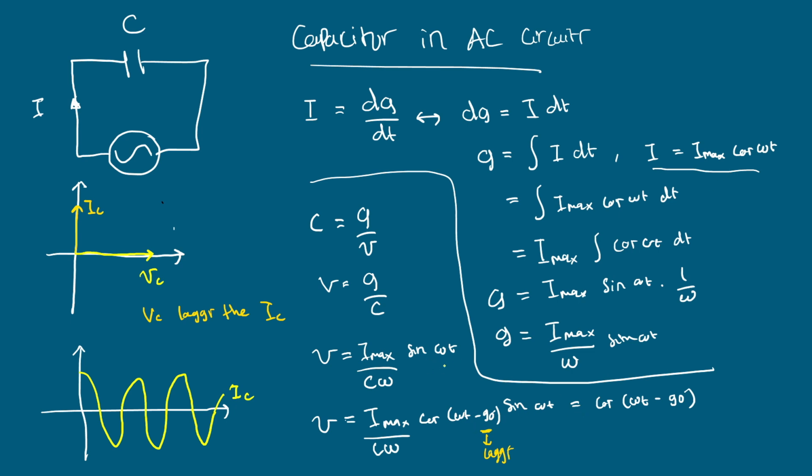So it means we start from 0 and draw it upward first. We have this as the peak value, then downward to 0, peak value again, 0 again, peak, 0, peak, 0. This is VC that lags the IC, right?